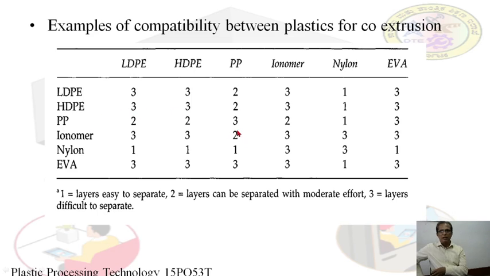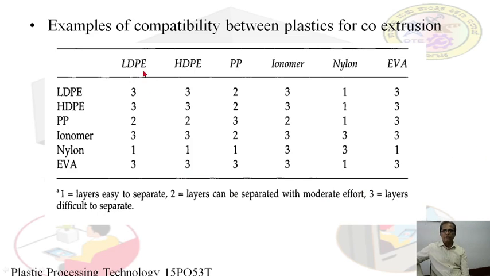PP is also the best material for making co-extrusion of laminates. Then ionomers are better, and even nylon and EVA can be used. EVA itself with 3 layers with the LDPE combination we can make use of, or HDPE combination as well as PP.